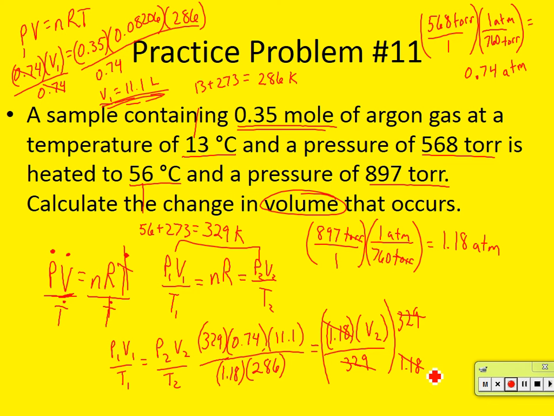So V2 equals all of this stuff right here. Let's try it. 329 times 0.74 times 11.1. That answer, and then divide it by 1.18. And then divide that answer by 286.